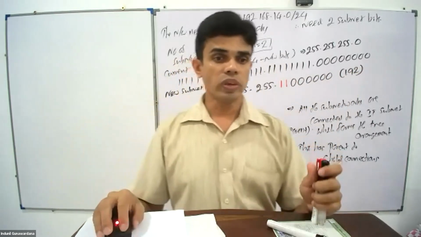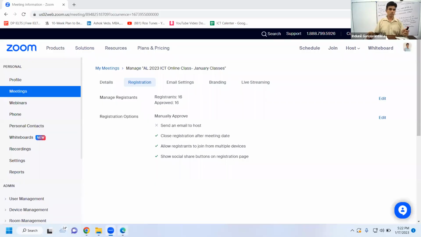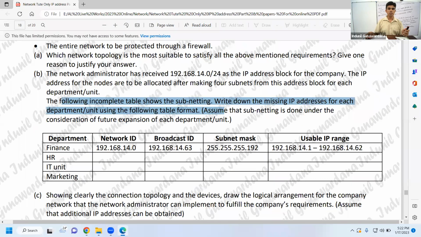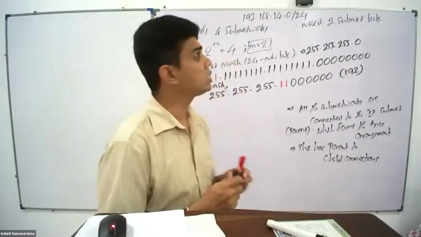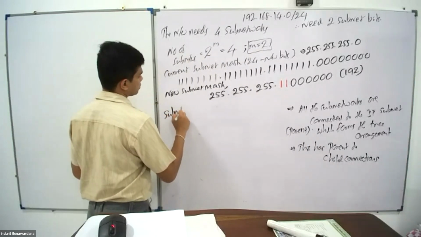Right. Now to fill this table, we need network ID, broadcast, subnet mask, and the usable IP range. So we have to calculate the IP range for the subnet. Then I can select subnetwork 1.